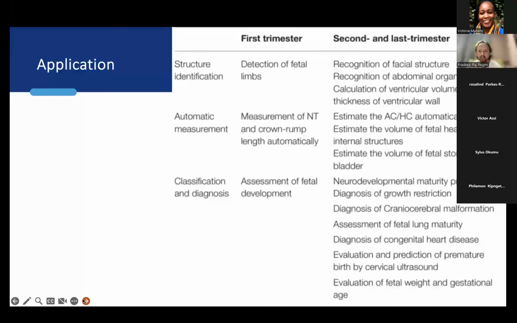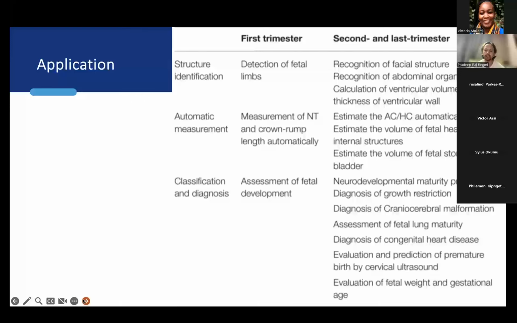In the first trimester, there can be detection of anomalies as well. As I showed yesterday, detection of nuchal translucency or limbs can be done with AI models, and automatic measurements can be done. In the second and third trimester, even neurodevelopmental maturity prediction or diagnosis of growth restriction can be done, or assessment of fetal lung maturity and diagnosis of congenital heart disease.